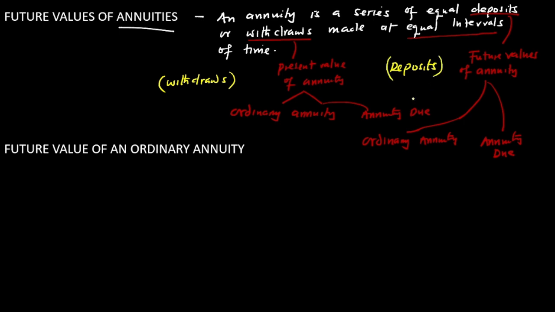So all the deposits are future value of annuity, and all the withdrawals are present value of annuities. Now, what's the difference between the ordinary annuity and the annuity due? Because these things look to be identical.